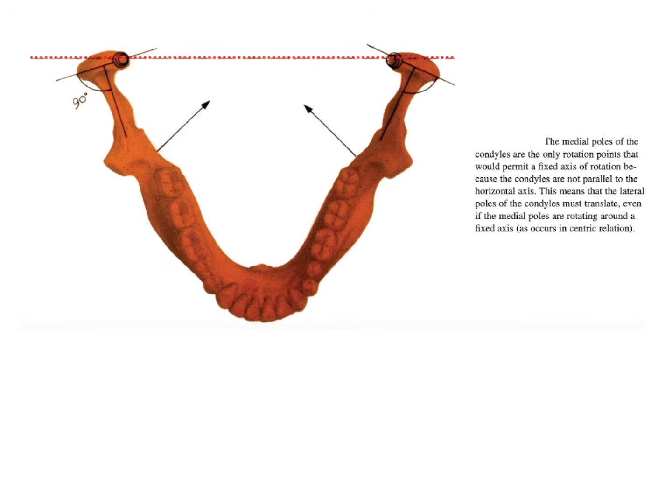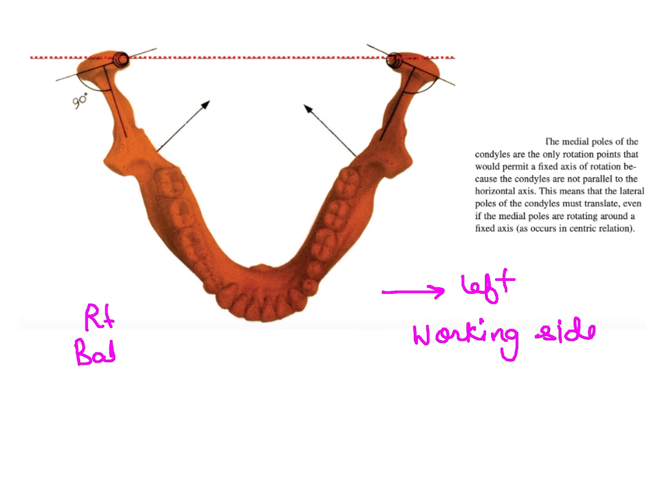Now, if you want to move your jaw to one side, say the left side, okay? So left is your working side and right becomes your balancing side, also known as non-working side.